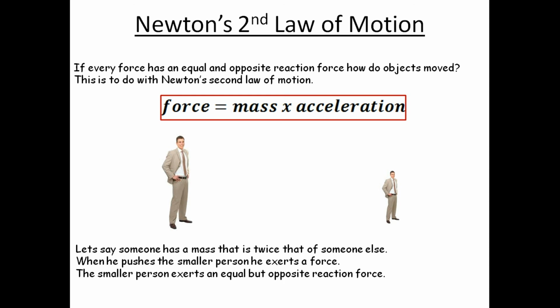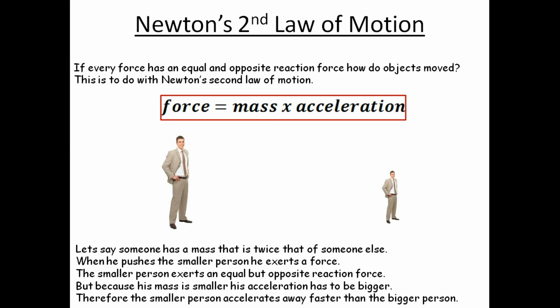The smaller person exerts an equal but opposite reaction force. But because his mass is smaller, his acceleration has to be bigger, because the mass multiplied by the acceleration must equal the force, and the force must be equal for both of them, as it is an equal and opposite reaction force. Therefore, the smaller person accelerates away faster than the bigger person.